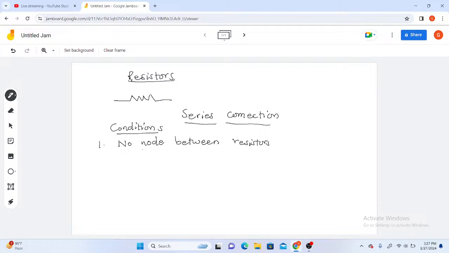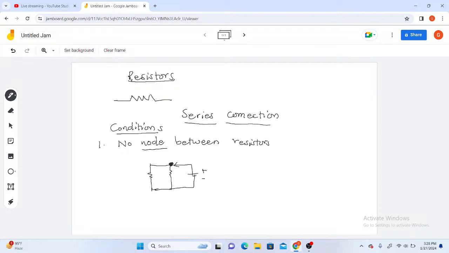Now, when you say a node, this is the keyword here. What is a node? If you have a circuit with resistors and a power source like this, as I have drawn here, the voltage source is going to produce a current through this wire. At this point, the current coming in would have to make a decision of either to pass here or to pass here, or part of it is going to pass here and the rest will pass here.